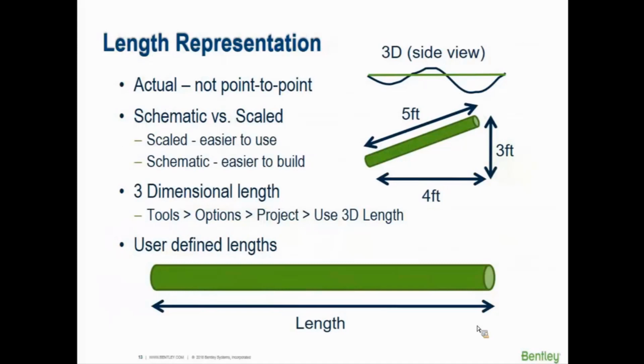And then also, you can consider 3D length versus the actual plan length of pipe. So all this is going to Tools, Options, Project, use 3D length. And to be honest, it's not going to make that much of a difference. If you want, you can turn this on and it will consider the 3D length.